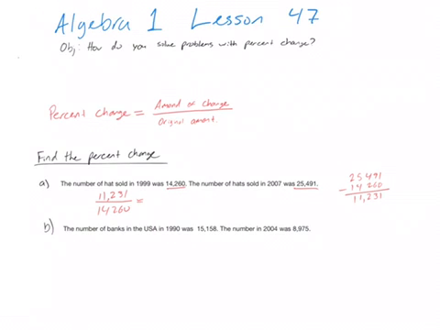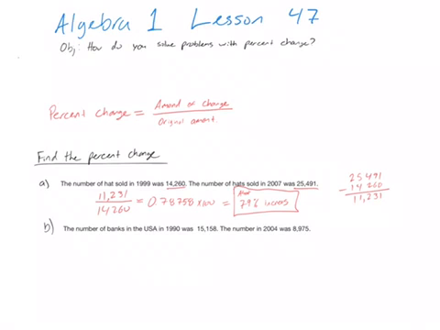You get approximately 0.78758. But we're wanting a percentage, so I'd need to multiply that by 100. And I would get, to the nearest percent for now, 79%. So I'd say about a 79% increase, which is a big increase.